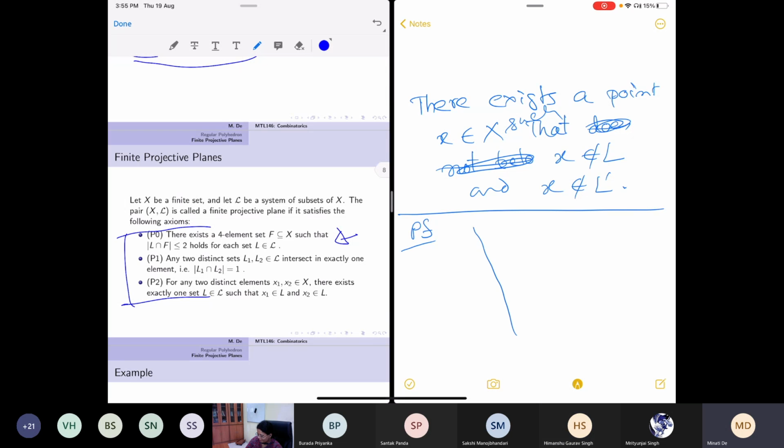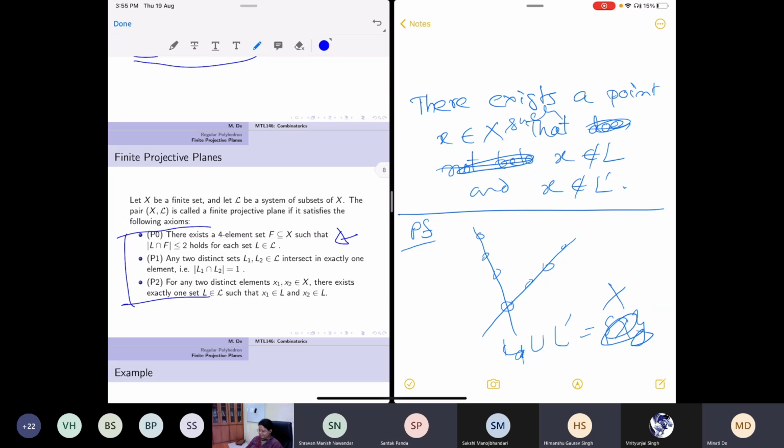Some of the points might be here, so the line is special. Let's say if you take L union L dash, that will be this set X. It might happen that all these points are here, and the intersection is here, no problem. Then what will be the problem in that case?